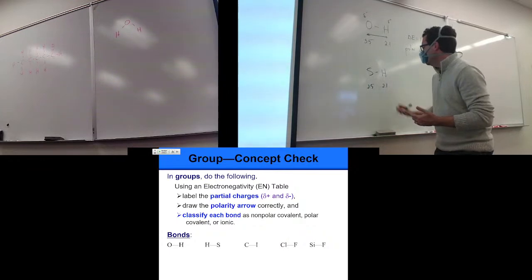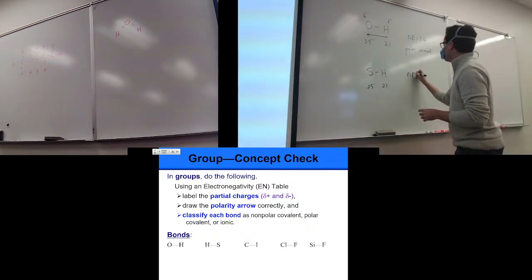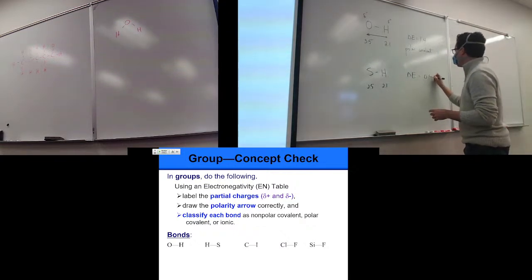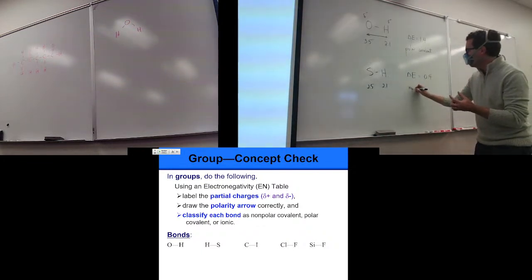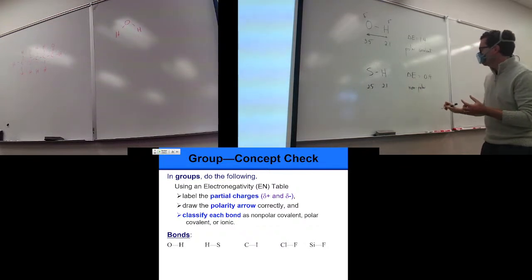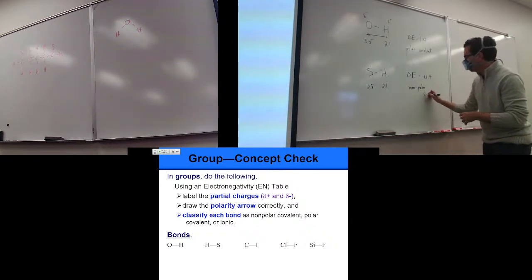Hydrogen is 2.1. This is one of those where the difference in electronegativity is pretty small, 0.4. That's right on the border of what we said was nonpolar. So I'm going to say it's nonpolar, or very, very weakly polar, whichever you want to say, but it's nonpolar covalent.